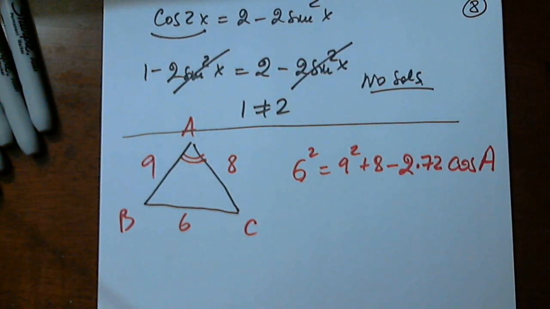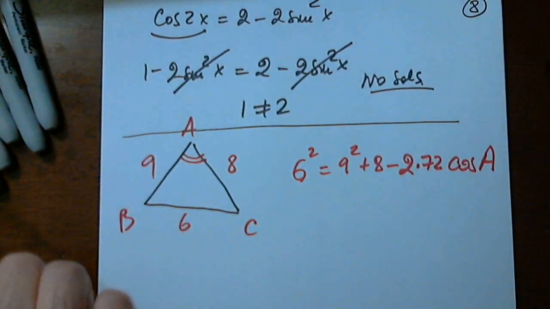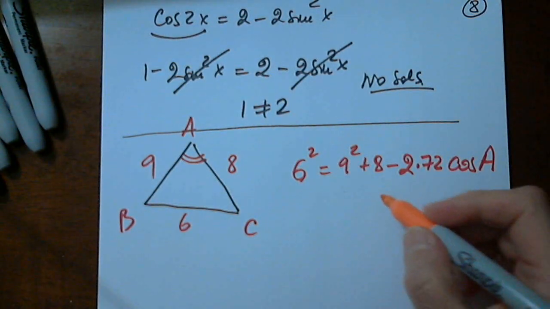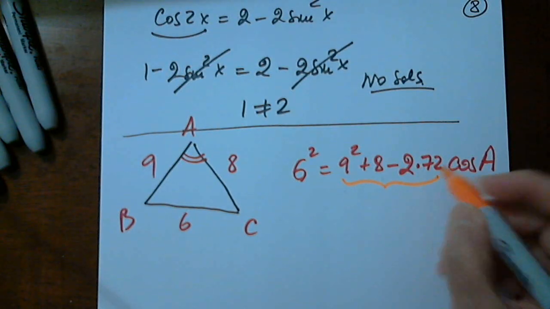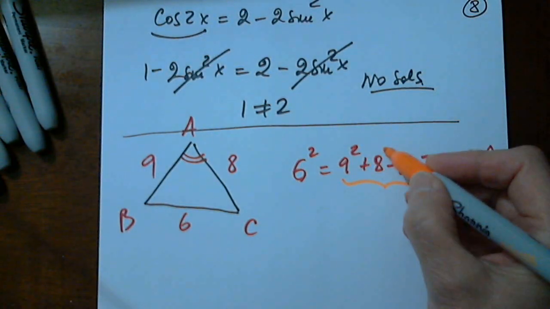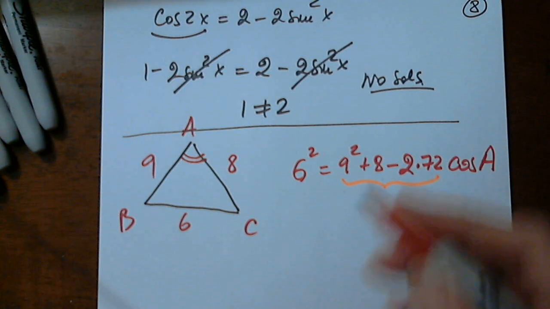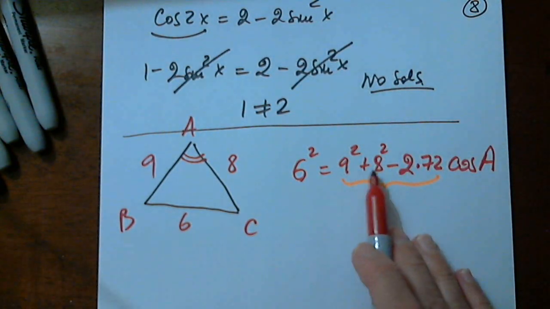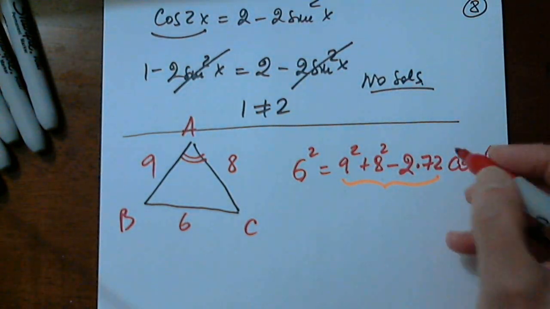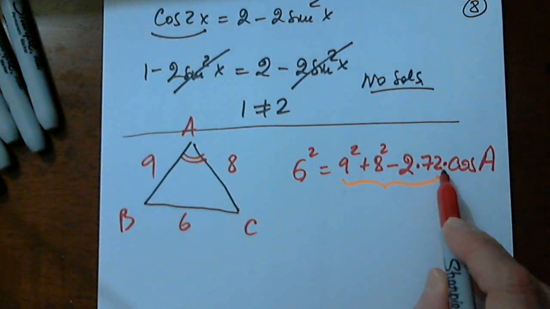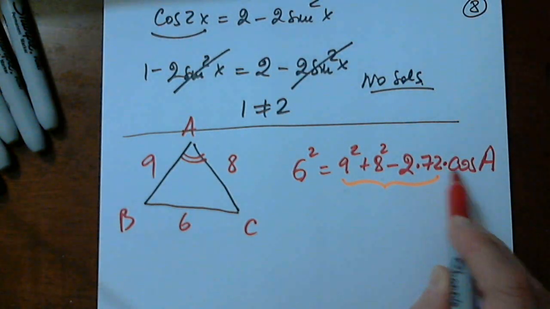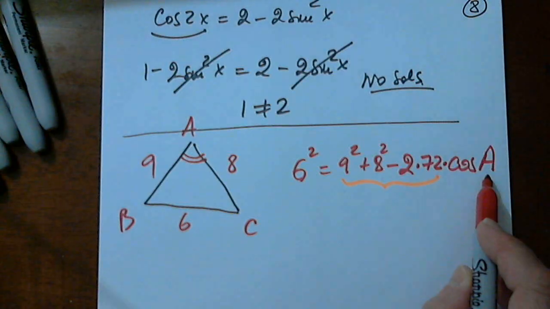Yes, there was an issue, and I wanted to thank you for asking that. At least in one of your tests, someone performed this operation disregarding the fact that 2 times 72 is multiplied by cosine A. Please do not do that.